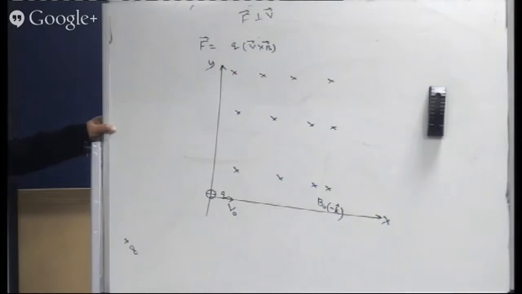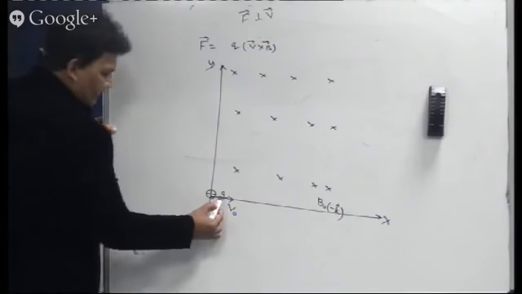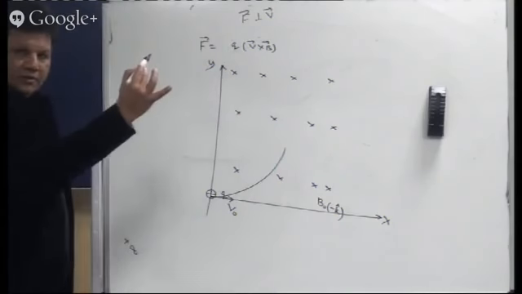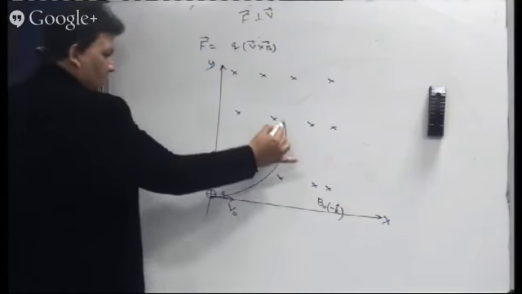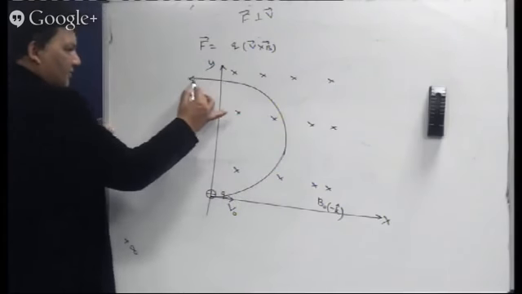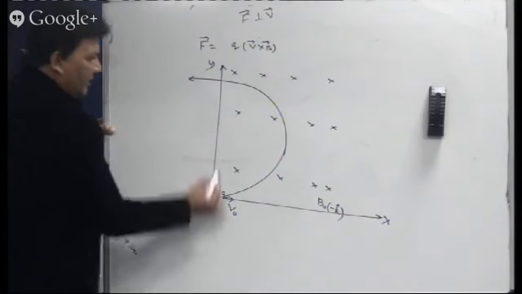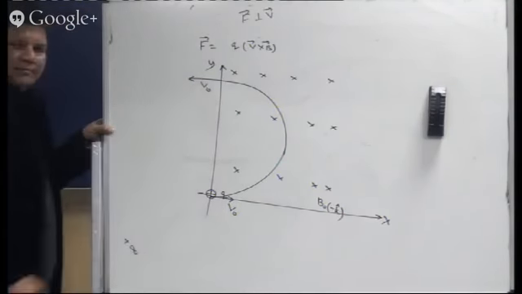Radial force, tangential velocity, always in circular motion or a circular trajectory. Even if I'm not saying circular motion, the trajectory will be circular. It'll come back the way it traveled. The velocity with which it enters, the same velocity it has when it comes out.